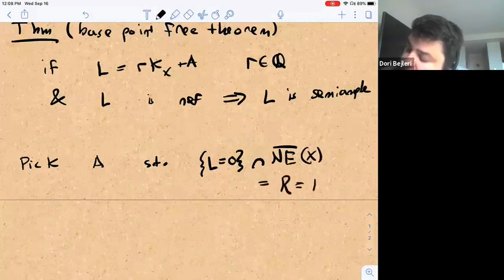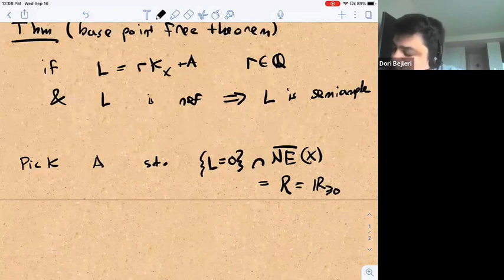And so by single ray, I mean the non-negative span of some class C, or maybe I'll call it B.